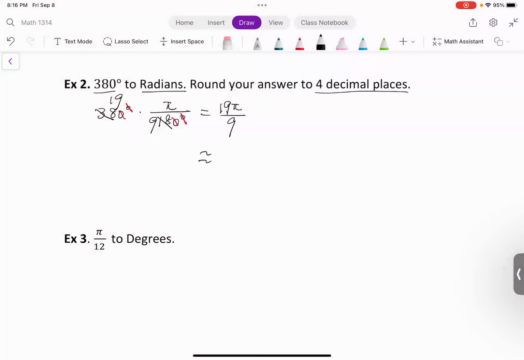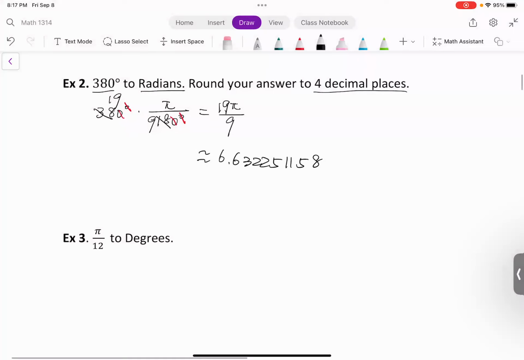Okay, let's put the solution here. That's about 6.632251158. No unit. Or if you really want to add something, you can say this is in radian mode, or radian measure, or using radians. And the question says round to 4 decimal places.